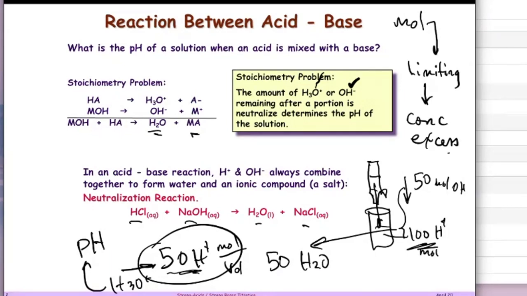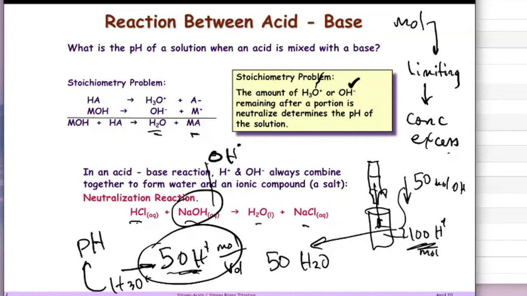So if you over titrate and you add more hydroxide than hydrochloric acid, the hydroxide is going to be the excess because you've added more. And so what you need to do is calculate the hydroxide that went unreacted divided by the total volume now in that solution. And that's the concentration of your hydroxide.